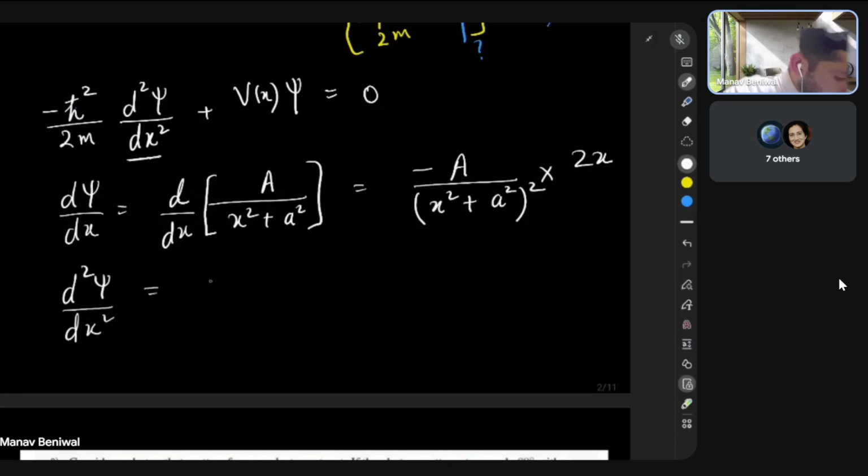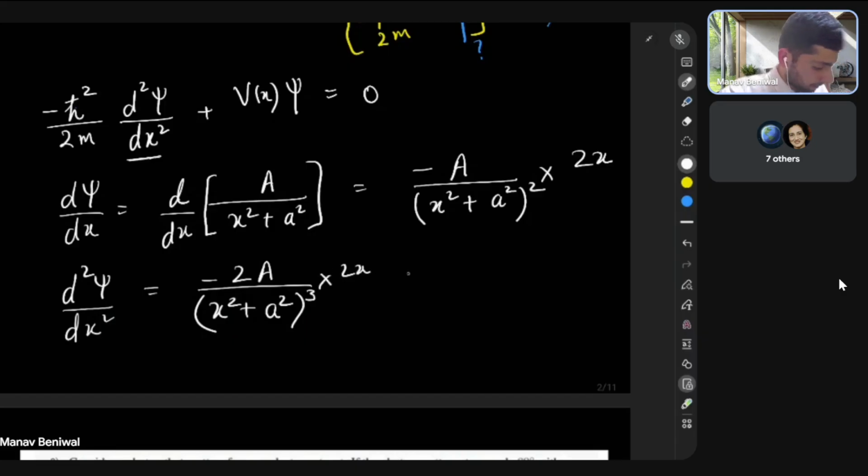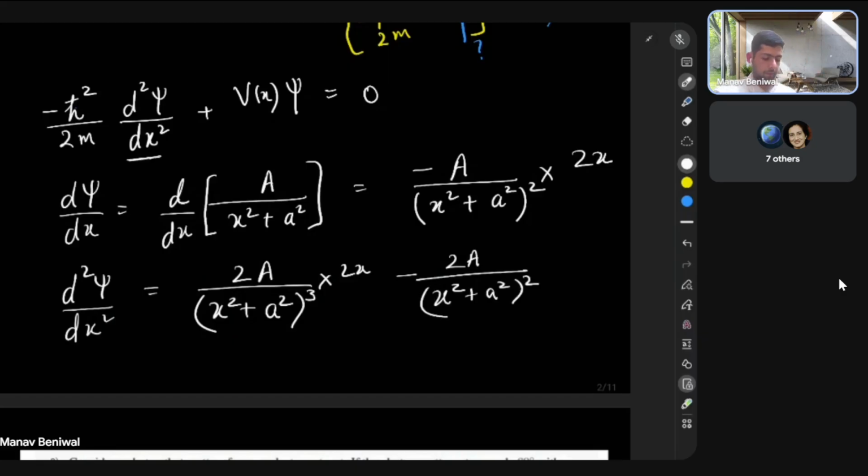So this will become minus 2a over x squared plus a squared whole cube into 2x, plus, and then minus 2a over x squared plus a squared whole squared.